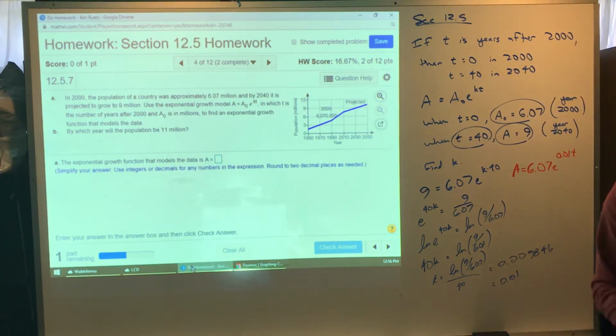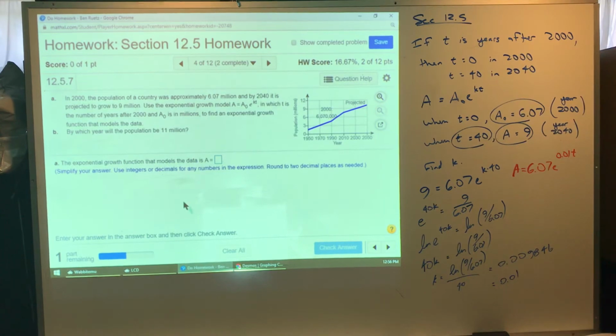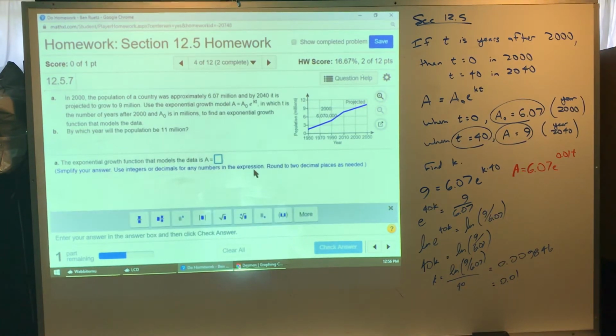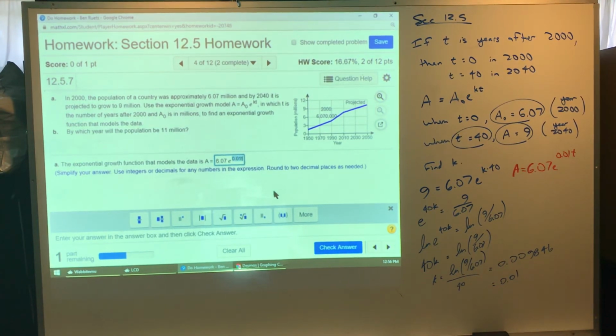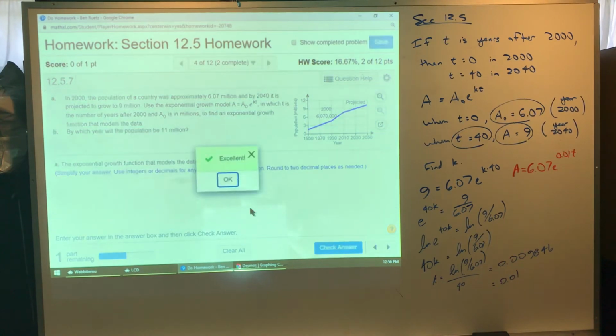I can type that in right here: 6.07 e raised to the 0.01 t, and that is correct.